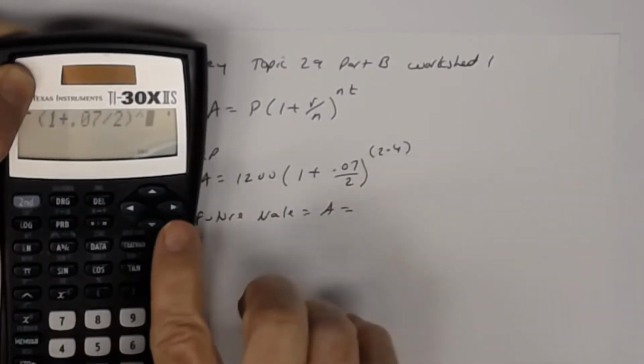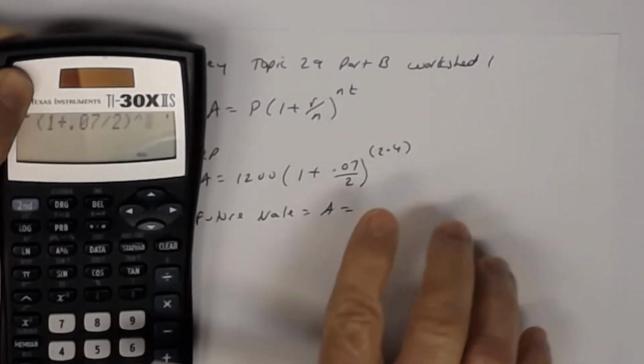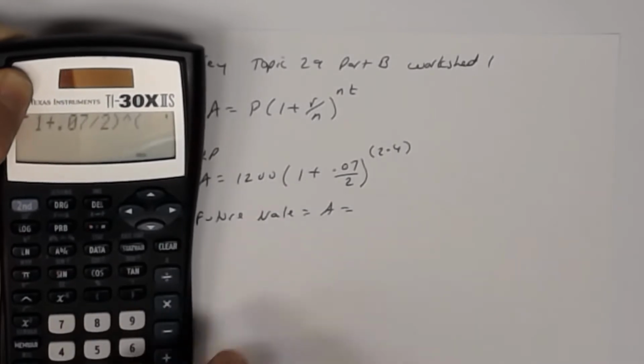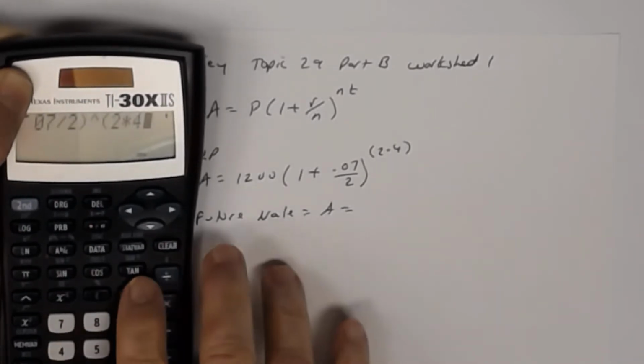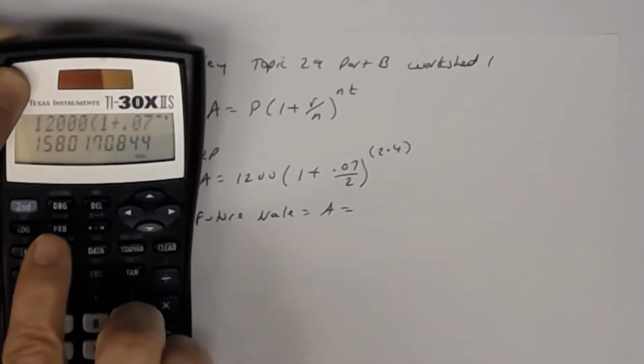You can say the 8th power, but some students want to be on the safe side, especially with decimals, so put the exponent in parentheses: 2 times 4. Don't forget to close that parentheses. Then press equal, and that's your future value.